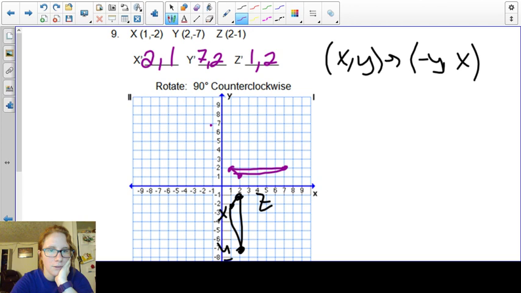So X is here, Y is here, and Z is up here. I didn't want to put the letters on yet because I knew it was going to be so close together, so I didn't want to mislabel anything or get it in my way like it did on the other one.